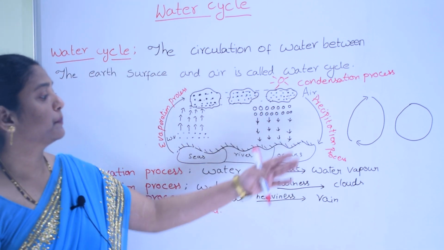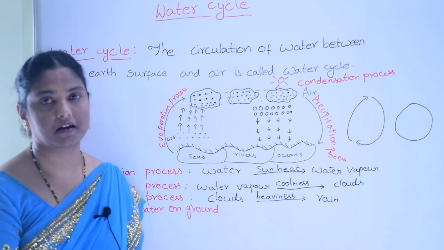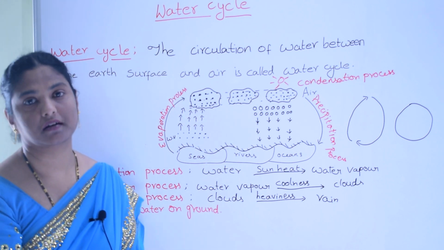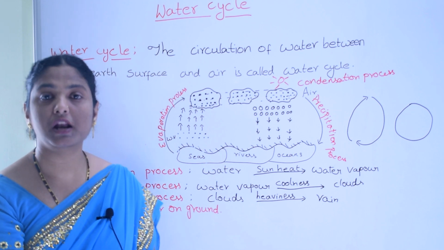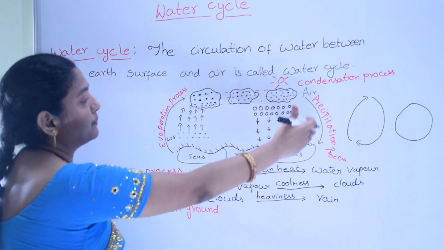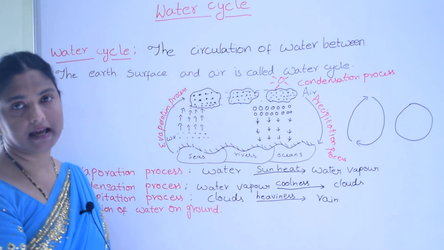So after the precipitation process, we collect our water on the ground. So last process is collection of water on ground. That means seas, rivers and oceans are fully filled with water. Here water goes up and comes down. So this process is called as the water cycle.